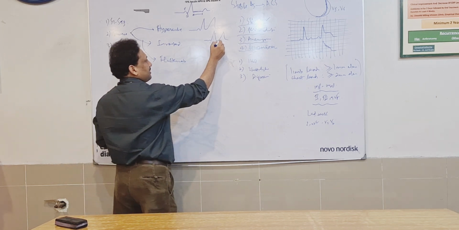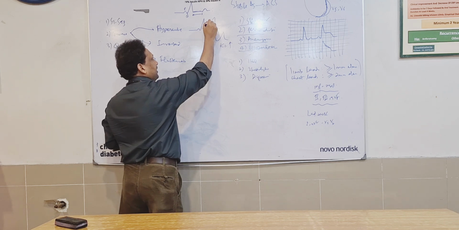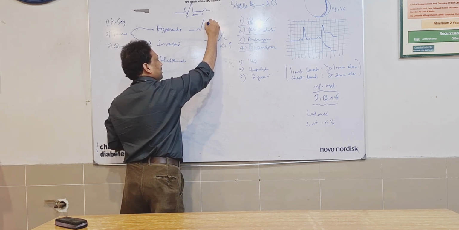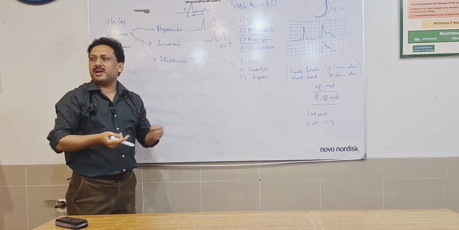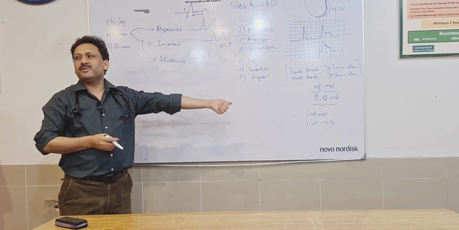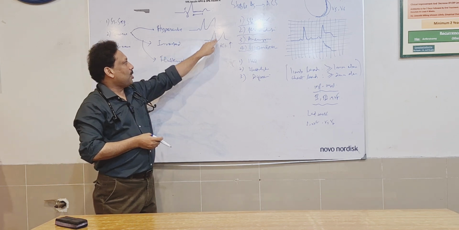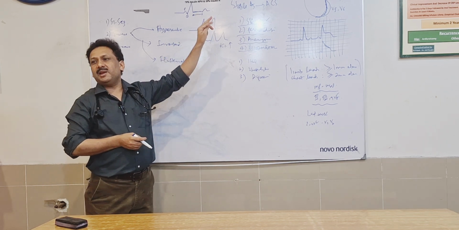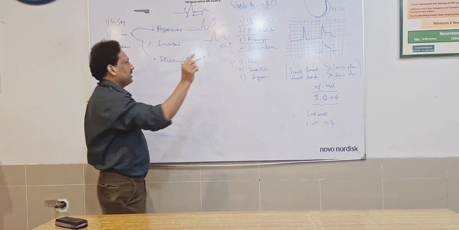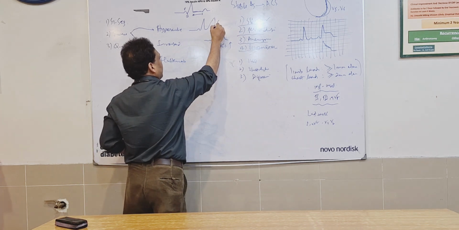If I speak the words tall and tented, it would be indicating hyperkalemia. And if it's not tented, we would take it as hyperacute T waves in the setting of myocardial infarction, right? So remember these two things: tall and tented, and then simply tall and broad. Remember the words tall and tented, tall and broad.